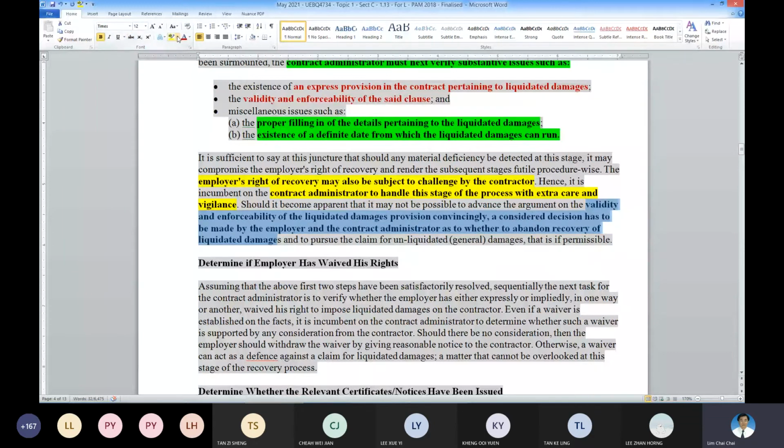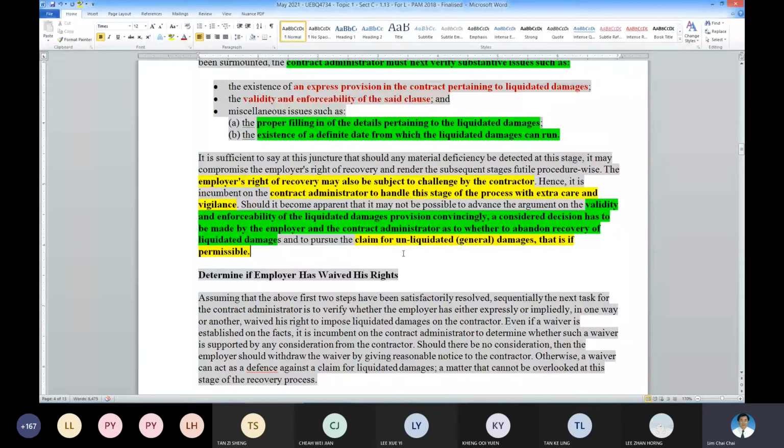You find that it is contractually wrong or procedurally wrong to impose the LD. Then the employer can claim for UD under the common law. So you can see what we are dealing with is a contractual provision.